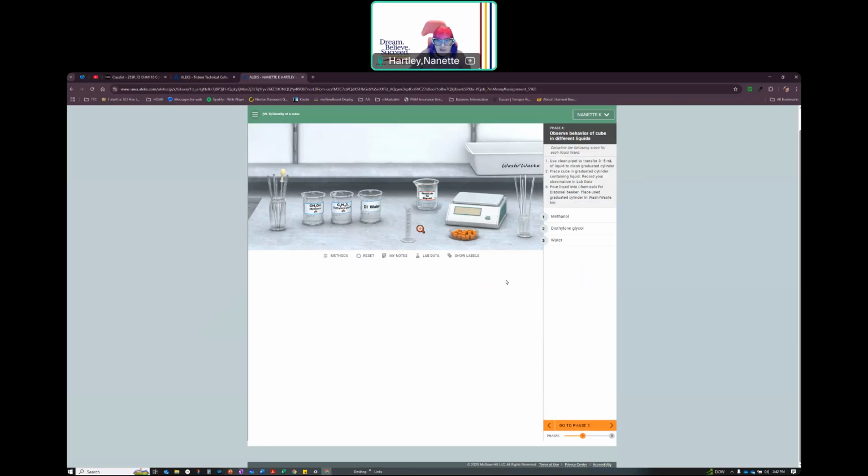Yay! Now, use a clean pipette to transfer 3 to 5 milliliters of liquid to a clean graduated cylinder. And I'm going to do that for the methanol. So I'm going to pick up this and I'm going to go to the methanol. 2, 3.